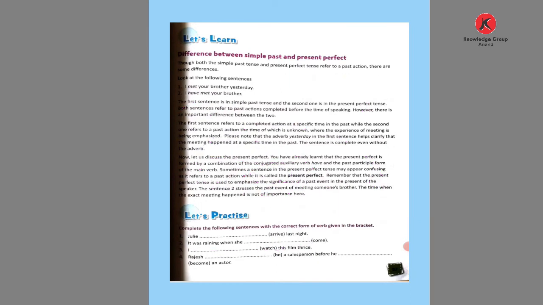Then number 4: Rajesh blank a salesperson before he blank an actor. Here we use the be form. For Rajesh we use not have but had been, the past participle of be.